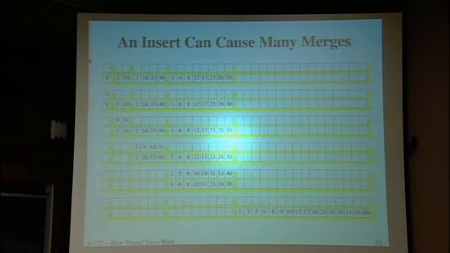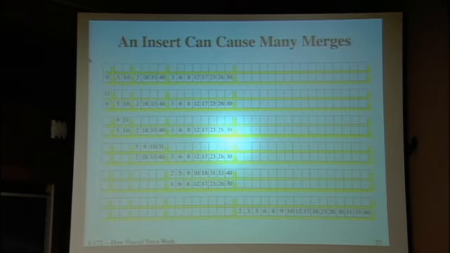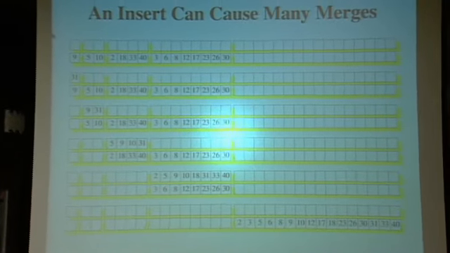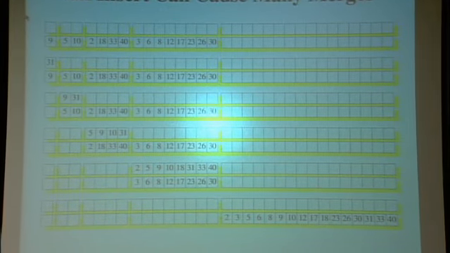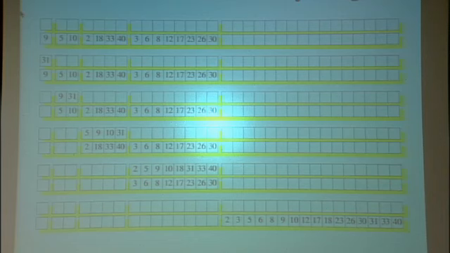So one insertion can cause a whole bunch of merges. Here we have sort of an animation. I've laid out the 1 array across the top, and then the temporary array just under it. Going down, we have a sequence of steps, one for the data structure over time. The 1, the 2, the 4 and the 8 arrays are all full, and we insert one more item, which causes a big carry.